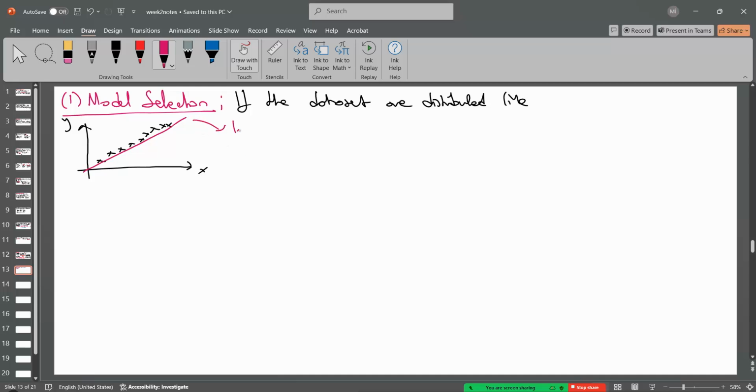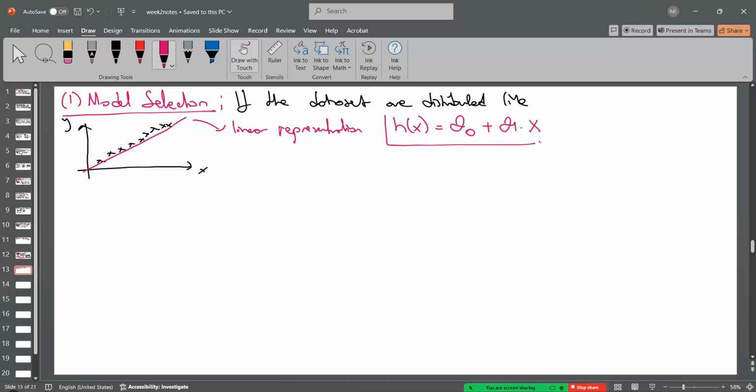Okay, this is the linear representation, and so we propose that h is a function of x which is equal to some bias value theta 0 plus theta 1 x, right?